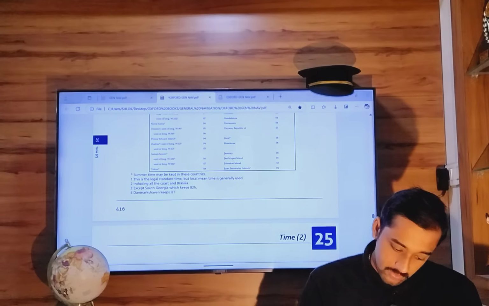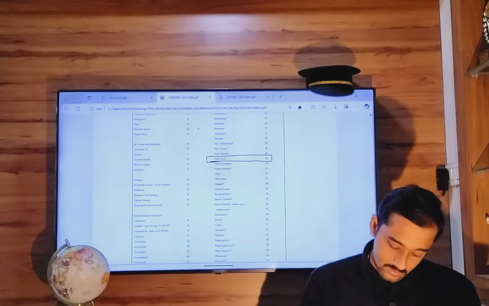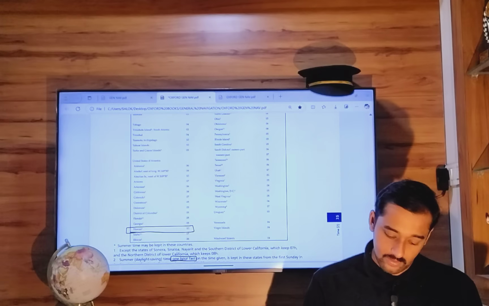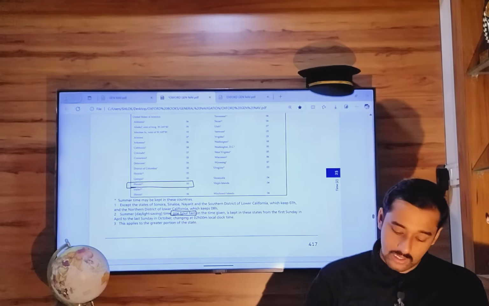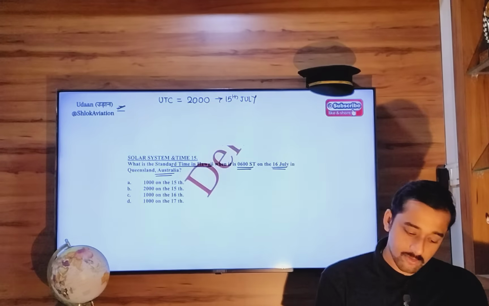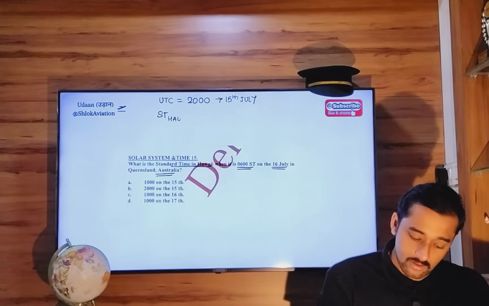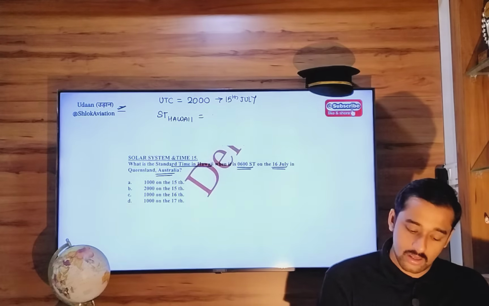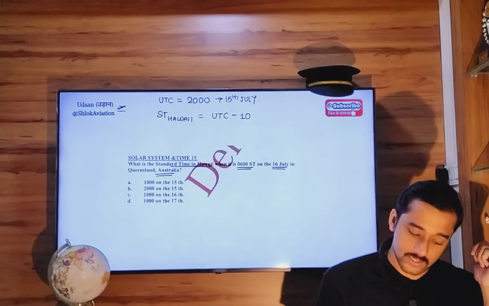So Hawaii is a place over here. Hawaii is a place which is 10 hours behind UTC time. So standard time in Hawaii will be equal to UTC time minus 10 hours.